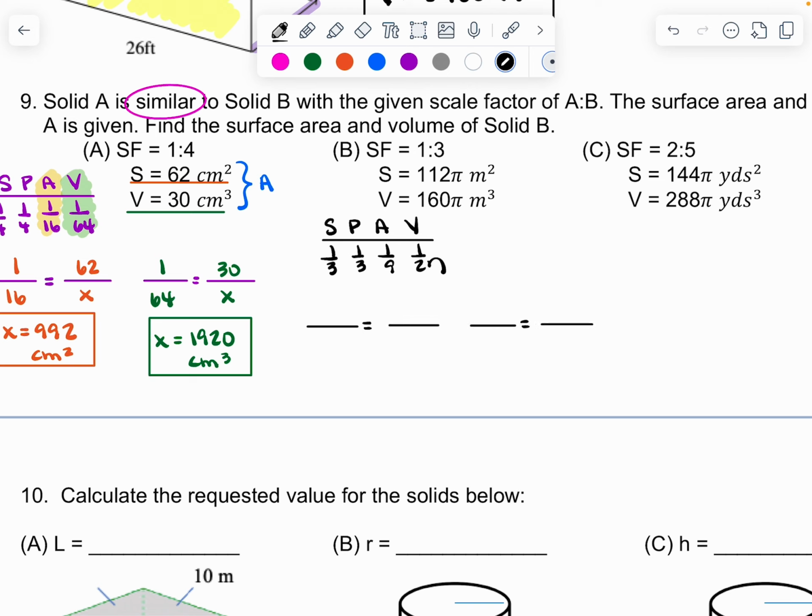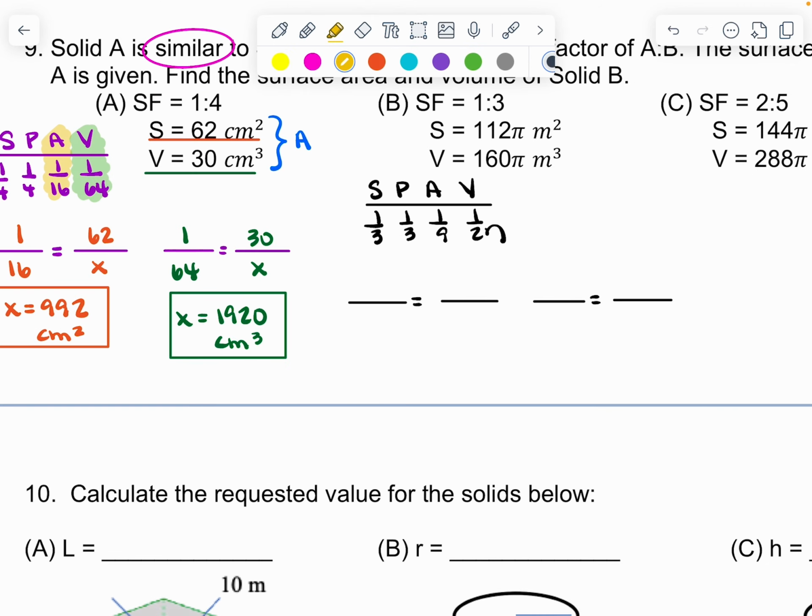So again, I'm just going to go ahead and set up my two proportions, right? One for volume, one for surface area. I'm going to kind of do the same color coding. I'm going to try to keep it straight here. So again, surface area means I need to be using the 1/9 ratio because anything that has to do with area is going to be 1 to 9.